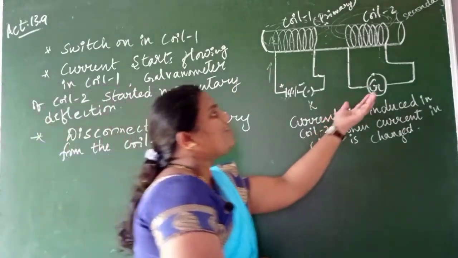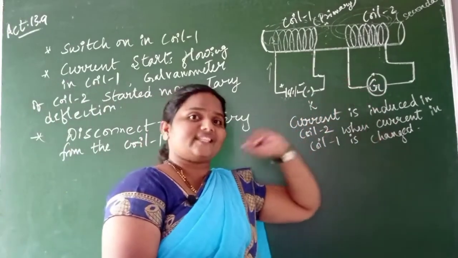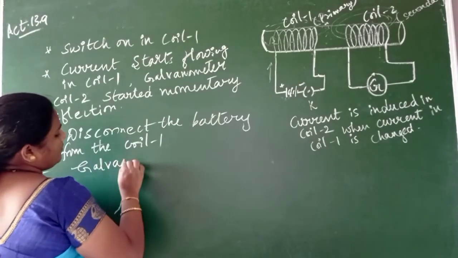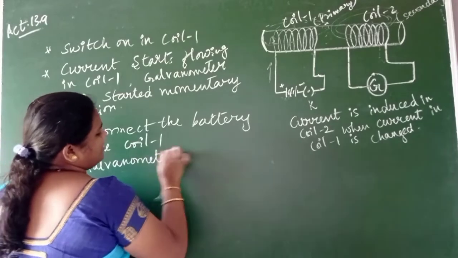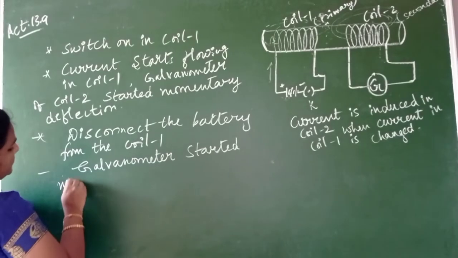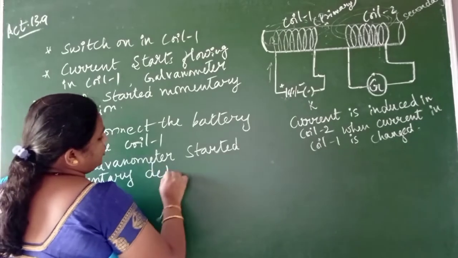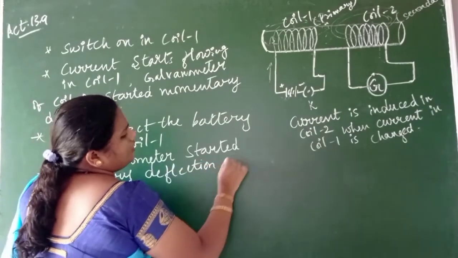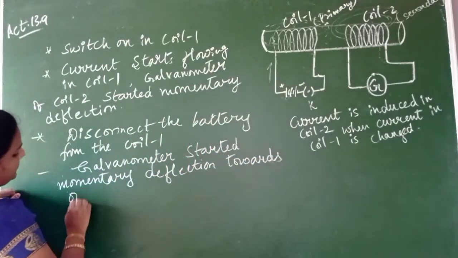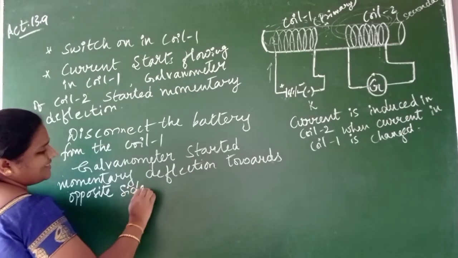Again here the galvanometer started deflecting, but here in the opposite direction. What happened, children? Galvanometer started momentary deflection towards the opposite side, isn't it, children?